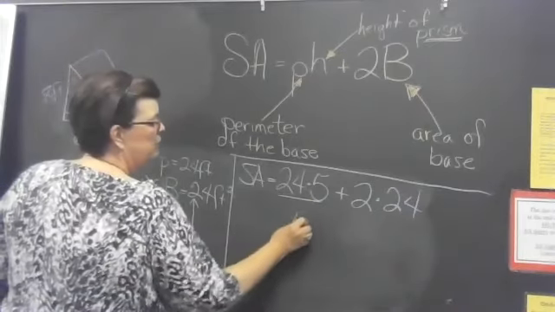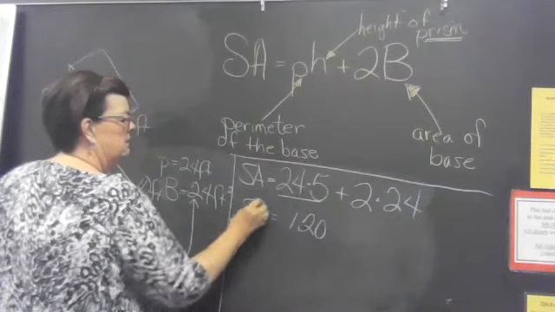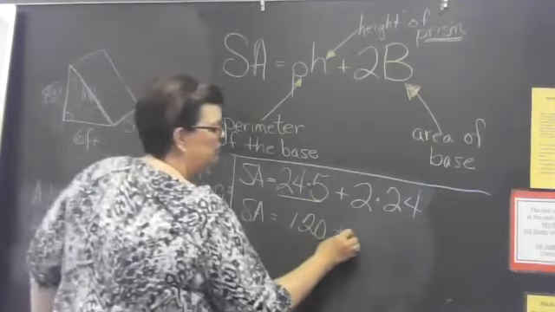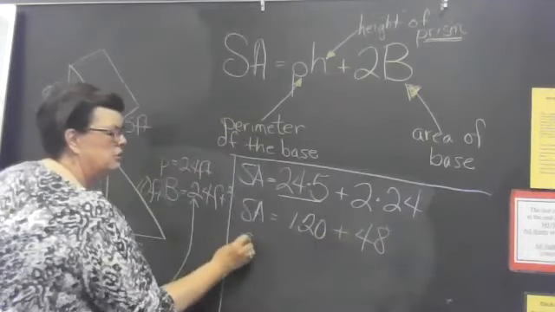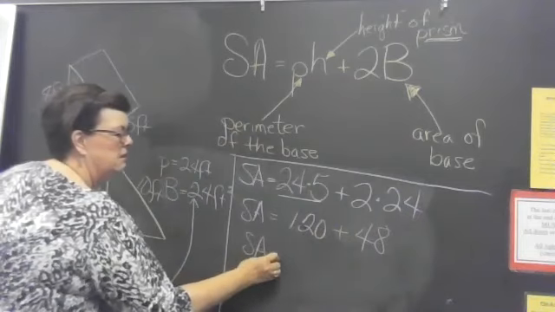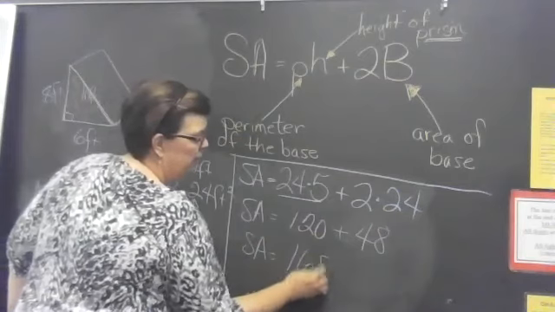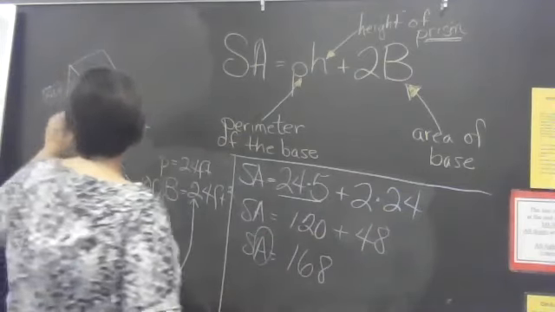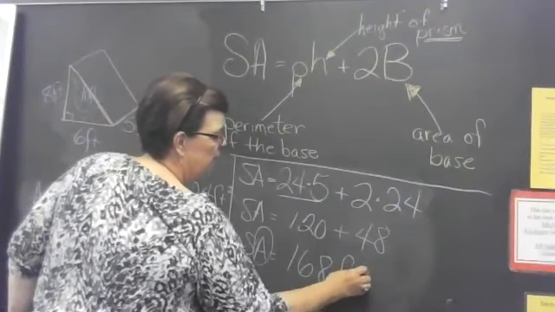So we have 120 here, is that correct? Yeah, plus 48. So the surface area is equal to 168. It's area. We're dealing with feet, so it's feet squared.